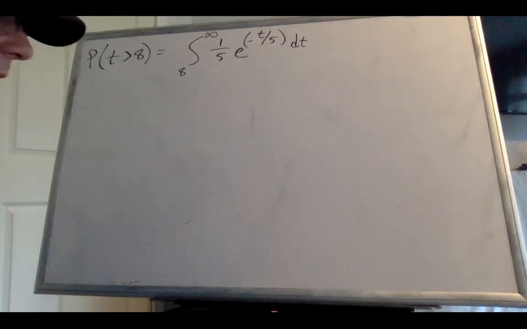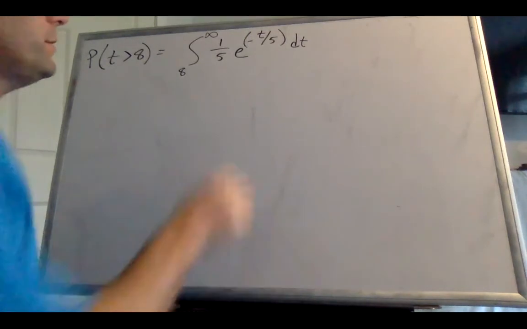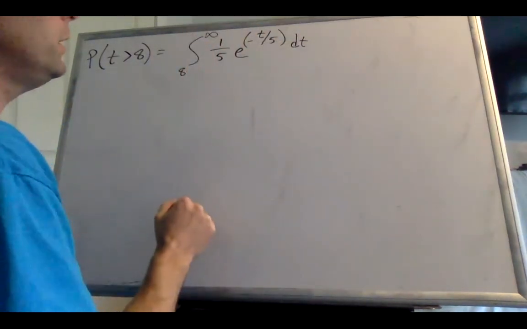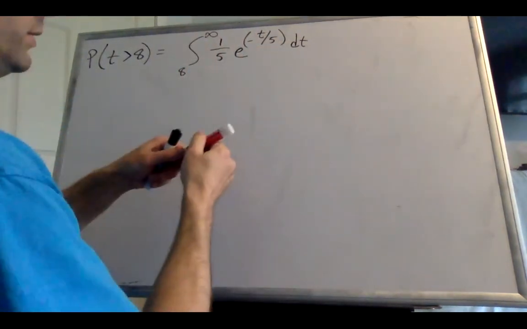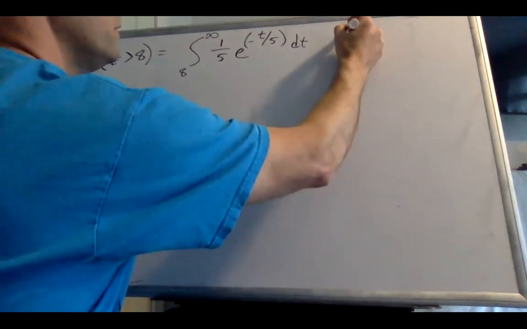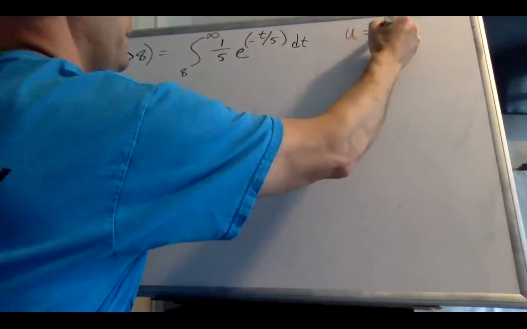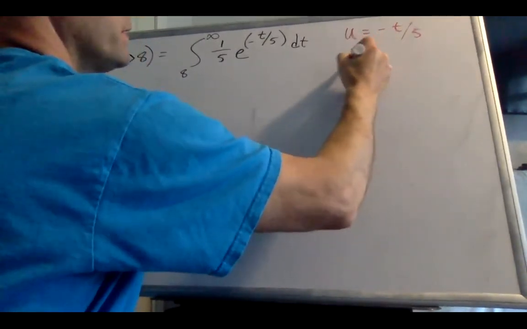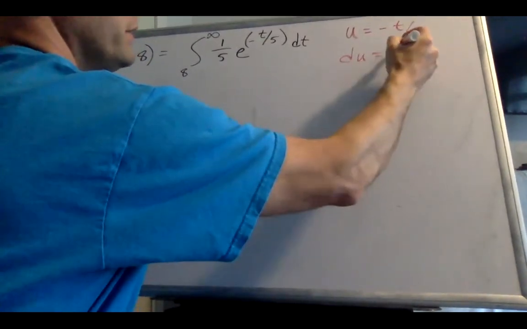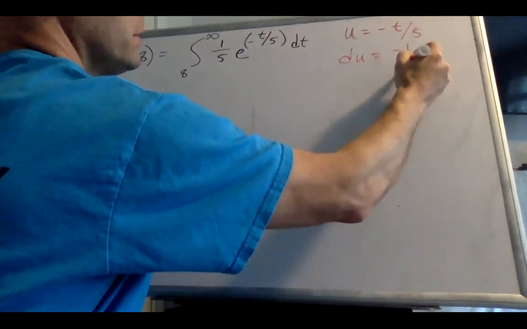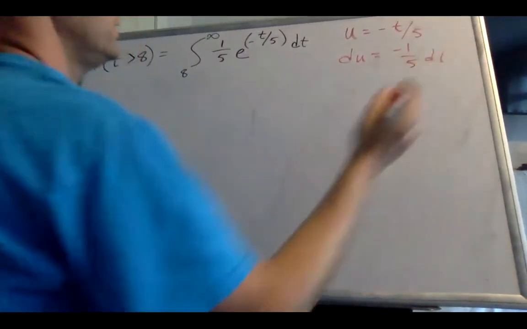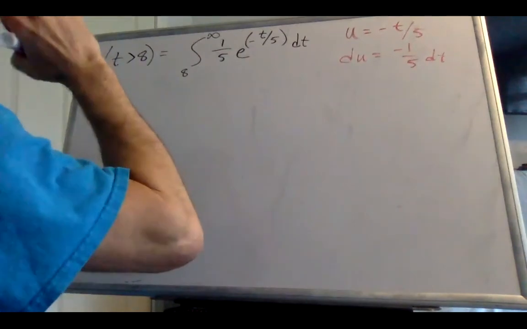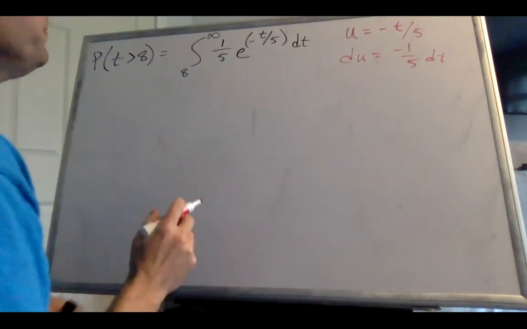And you probably remember how to do this from Calc 2, or even at the end of Calc 1. This is a u substitution integral. If u equals minus t over 5, then the derivative of u is minus 1/5 dt. And so remember, this is reversing the chain rule.